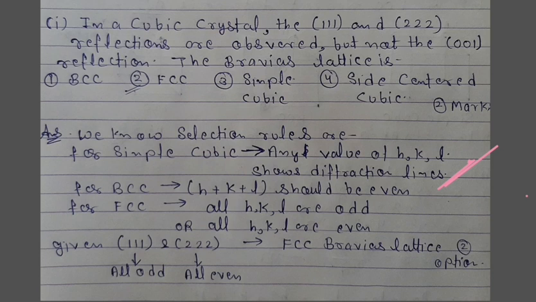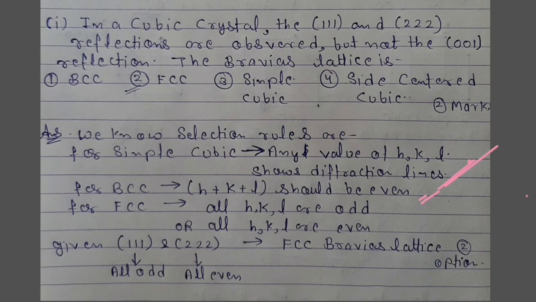But for BCC, the sum of H, K and L should be even; if the sum is even, then it shows diffraction lines. And for FCC, the selection rule says that H, K and L should be all odd or all even. If this condition is satisfied, then the Bravais lattice should be FCC.